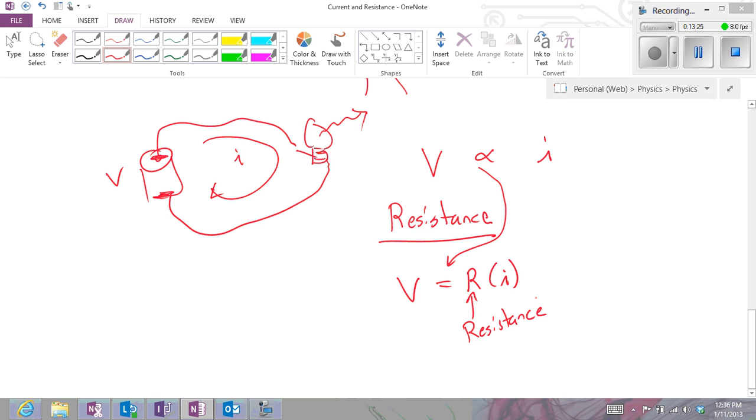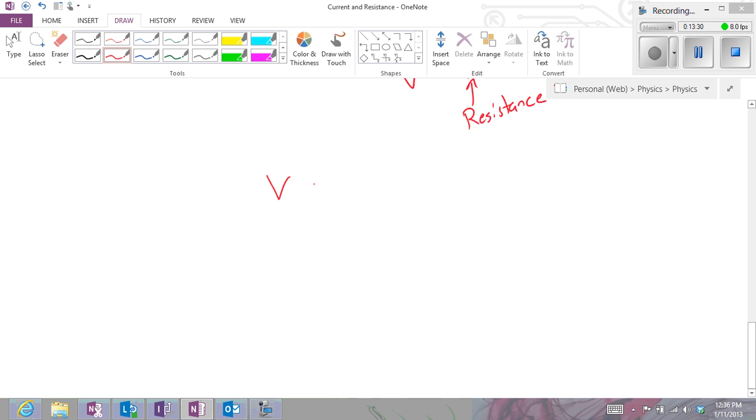This equation, V equals R times I, or more commonly written as V equals IR, is known as Ohm's law. And most things that have resistance behave according to this equation, Ohm's law. And if they do, then we refer to that particular resistance as ohmic.